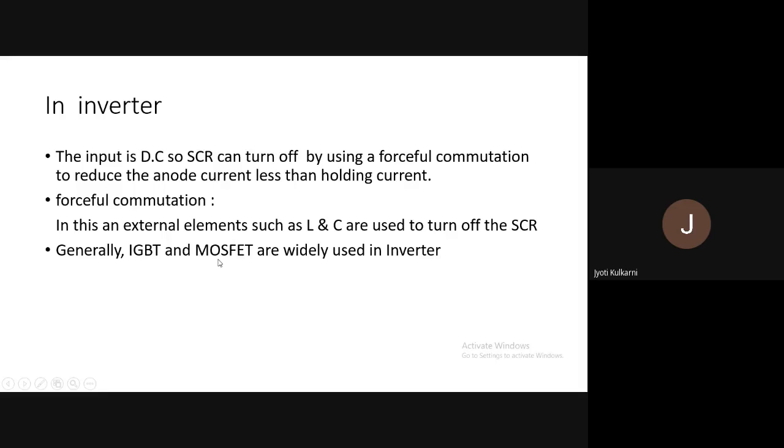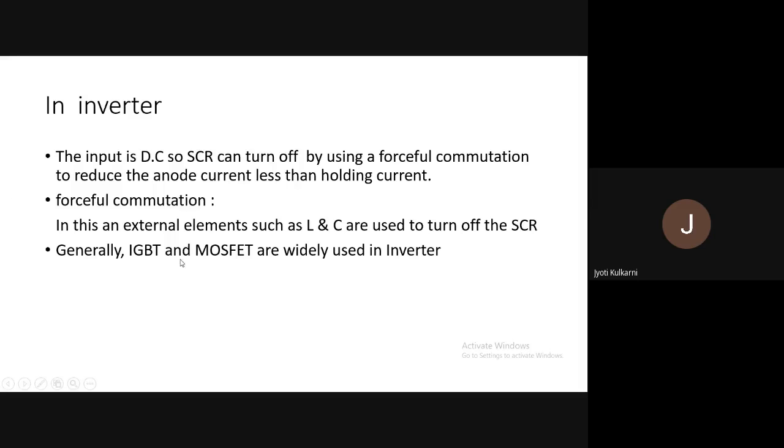Why not SCR? Because in the first class, if you remember, SCR is a gate control device, whereas MOSFET and IGBT are also gate control devices. They also have a gate terminal. But what is the difference between IGBT, MOSFET and SCR? IGBT and MOSFET devices can turn on with the gate as well as turn off with the gate.